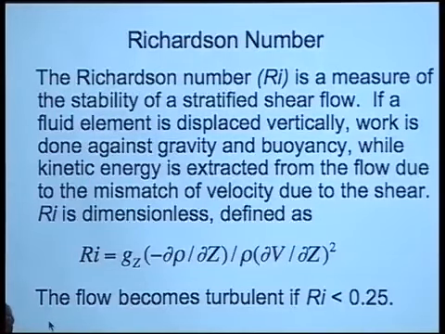And so you have a criterion here for the onset of turbulence. The critical number is usually quoted as being 0.25. It's a dimensionless number. There are various statements in the literature that the number should be somewhat different, but it really doesn't matter for our purposes.